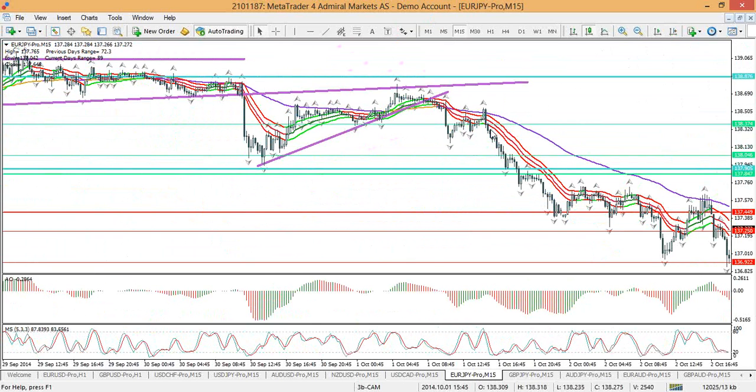But I had patience with that one because it was in downtrends on both. I like that alignment, I had more patience, and indeed we got a good fall there.